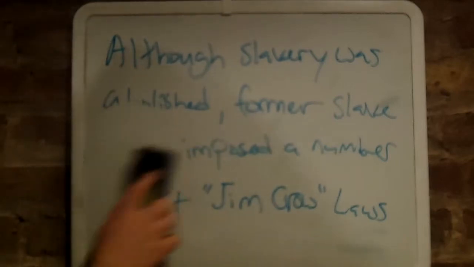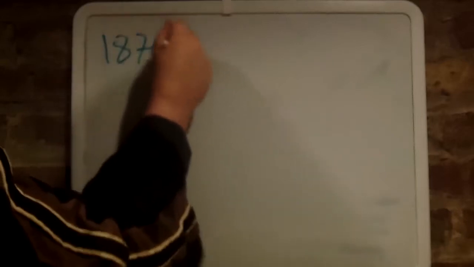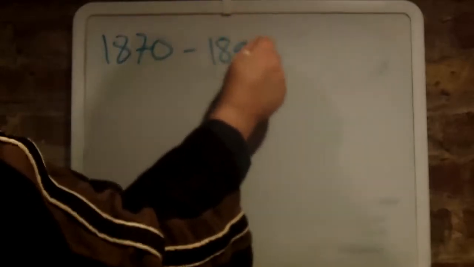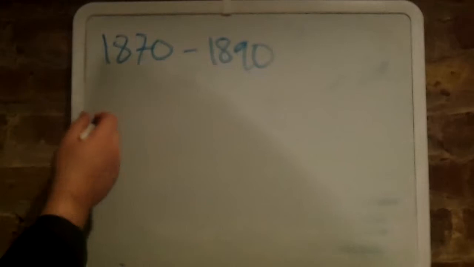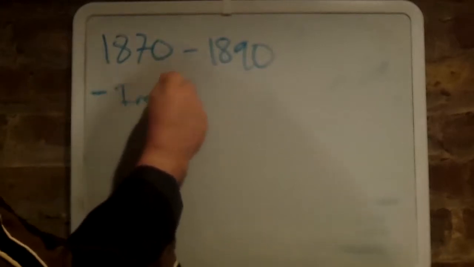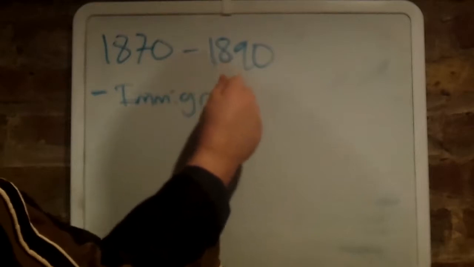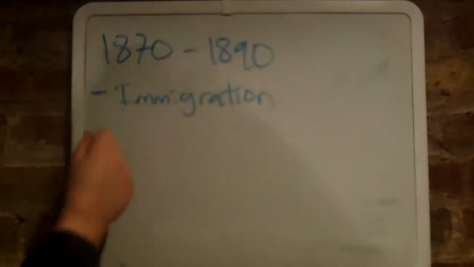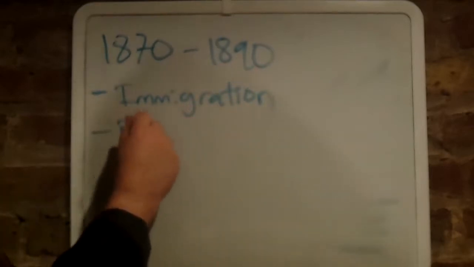So this takes us to about the period of 1870 to 1890. And this was a period characterized by immigration. America's economy was booming, so many new people were coming.